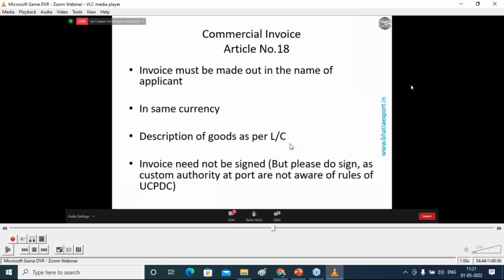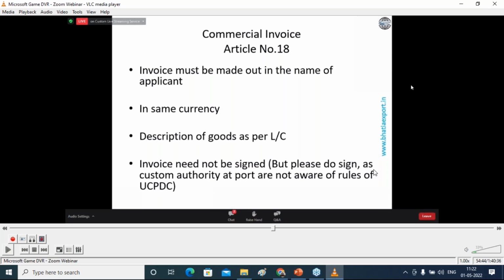Also the name of the applicant must be mentioned very clearly, the same applicant and the same currency, not a different currency. Invoice need not be signed now, because electronic signing and other things also exist. Invoice need not be signed, but please do sign, because even though they mention not to sign, there are certain concerns.